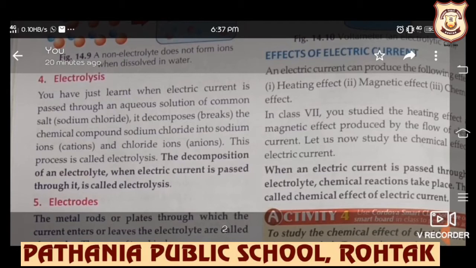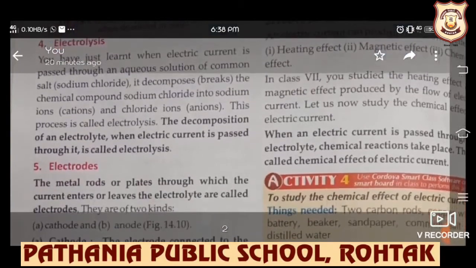We have just learned that electric current is passed through an aqueous solution of common salt. In the previous lecture, we discussed the activity that when we add some common salt to distilled water, it starts conducting electricity. So it means it decomposes into sodium and chloride ions, where sodium are cations, positively charged ions, and chlorides are negatively charged ions.